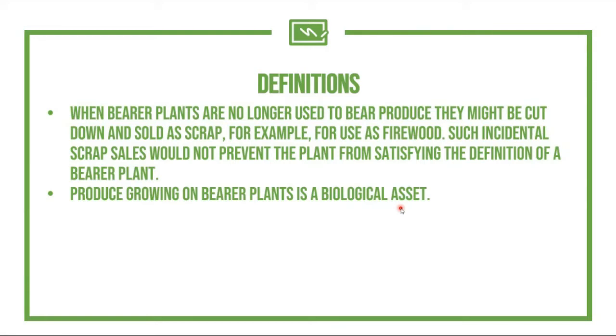What is more practicable is to just record the bearer plant and record the amount of the agricultural produce after you have harvested it, so that you will only have one measurement. But the concept still remains: any fruit that is not yet harvested is already a biological asset, and it can be recognized if you want to. But of course, it is not practicable.